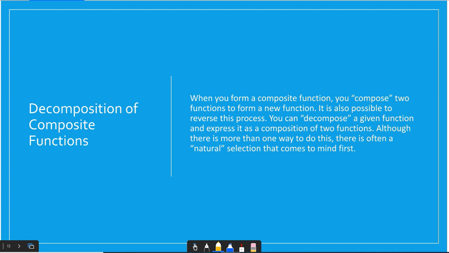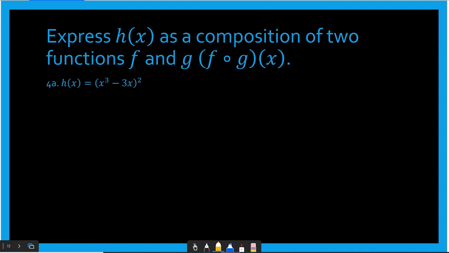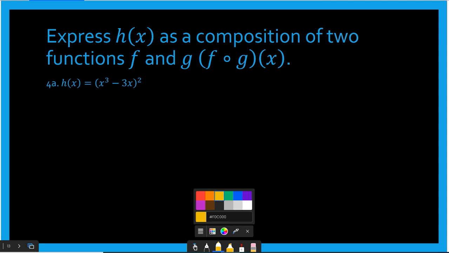Alright, one of the other things we can do is break down a function into a composition of functions. So if we want to take something and break it up, this is something that's going to be really useful when you get to calculus. Alright, so if we're given a function h of x, we want to break it up into two functions where we can write it as f of g. So what I usually want to start with is what function is embedded in the other. Here I can see that I have something squared. I have this x cubed minus 3x embedded because that's all being squared.